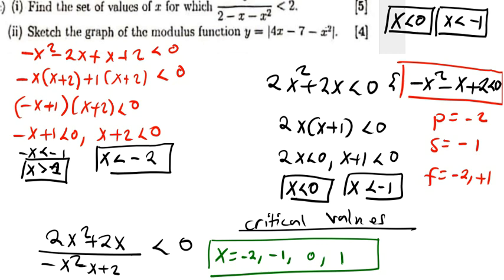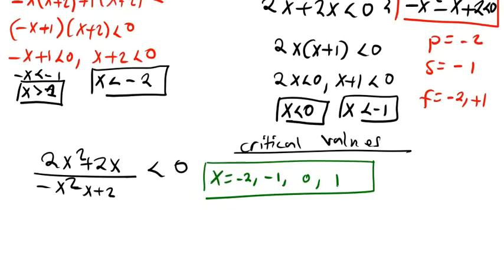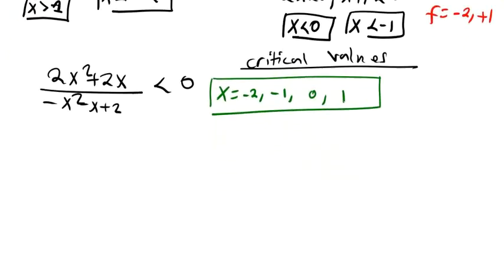I can either use the table method or the number line method. So which method should I use? Let me use the table method, but you can also use the number line, the one I told you about, but in this case let me just use the table method.